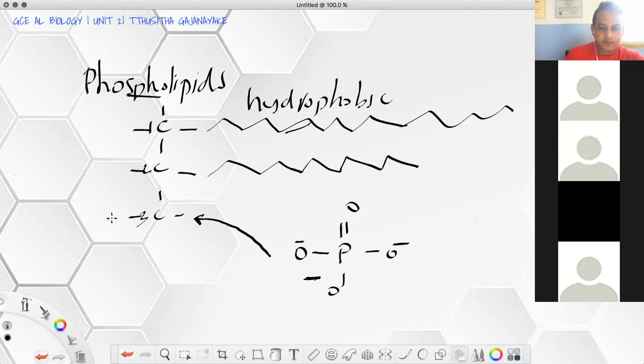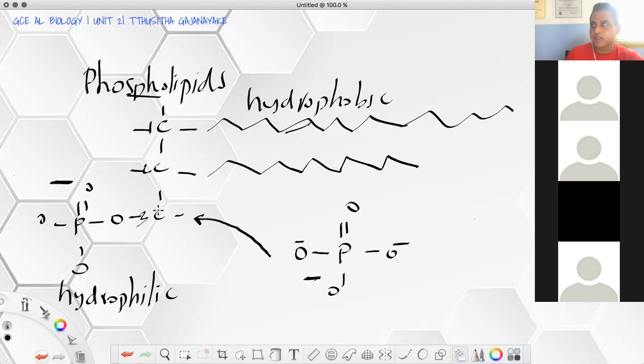So on this side we can see the phosphate group with some kind of a charge, so it can react with water molecules. We call it hydrophilic. This is a very important property in making the cell membrane, because this molecule has a phosphate group, which gives reactivity with water molecules, hydrophilic, and the rest of the molecule does not react with water, hydrophobic.